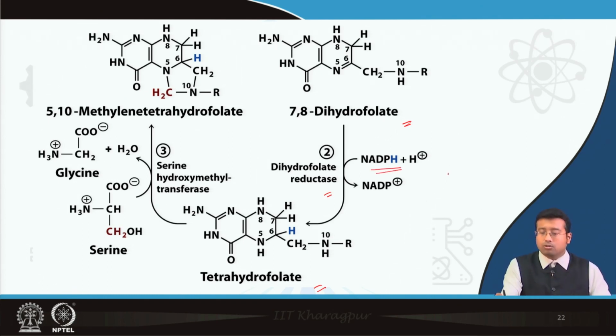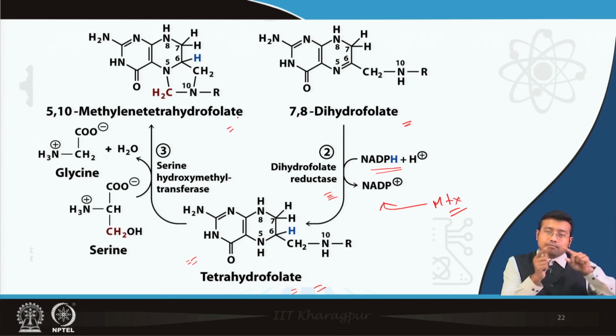And I told you a dihydrofolate reductase inhibitor, for example methotrexate, is a chemotherapeutic or anti-cancer drug. So we got tetrahydrofolate. Now in the reaction from tetrahydrofolate to methylene tetrahydrofolate, there is again a transfer of a methyl group. Basically this accepts a methyl group to regenerate N5,N10. Who donates the methyl group?